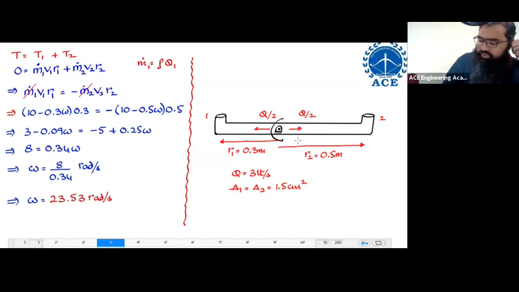This time the rotation is clockwise. Yes, R1 and R2 are mentioned over here. Density is again equal to 1000 kg per meter cube.